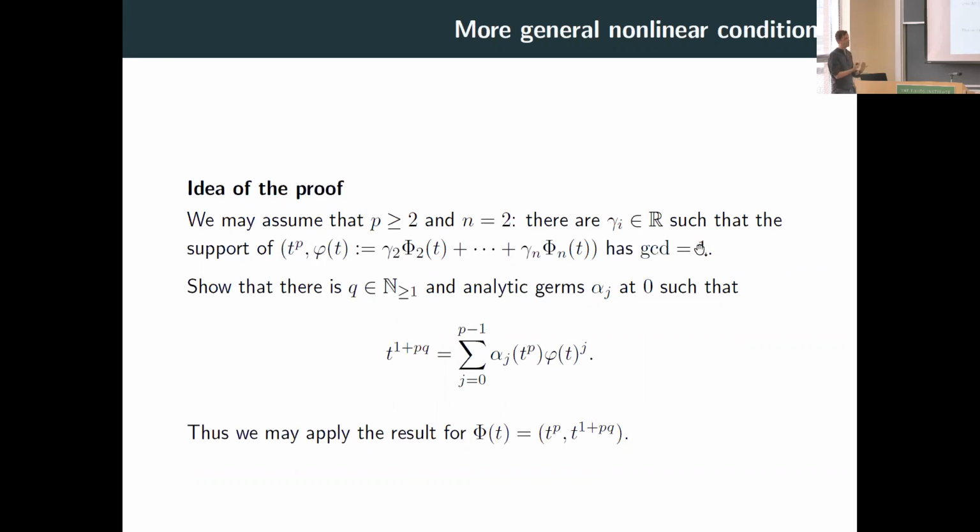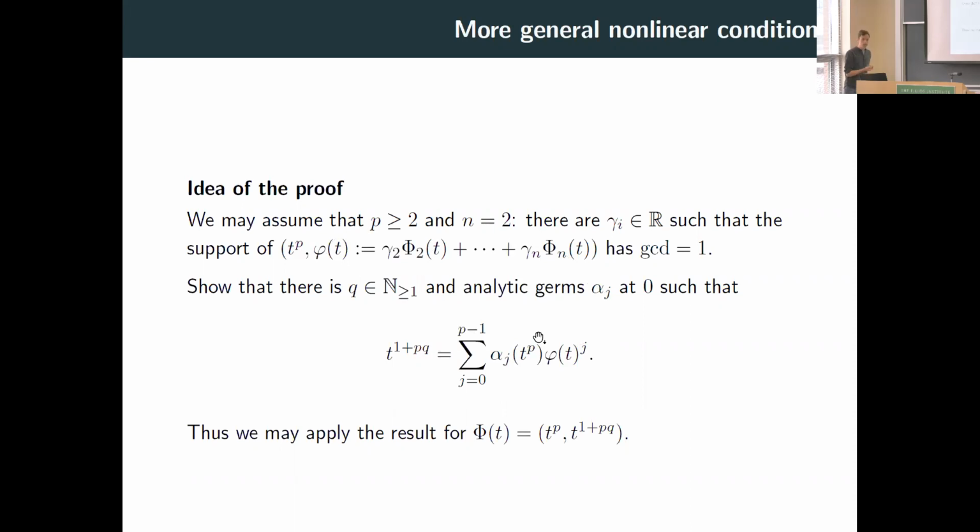So I restrict to n equal to 2. And the idea then is to show that I can find a positive integer q such that t to the power 1 plus p times q can be represented as a polynomial in this phi of t, with coefficients analytic germs in t to the power p, right?